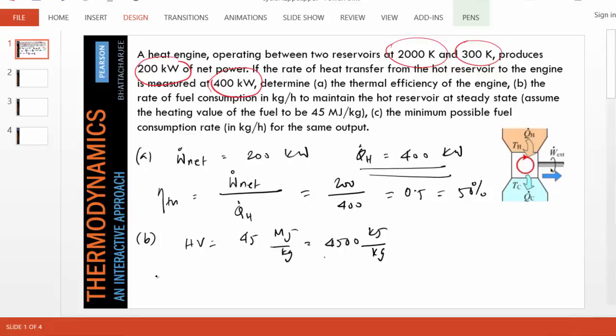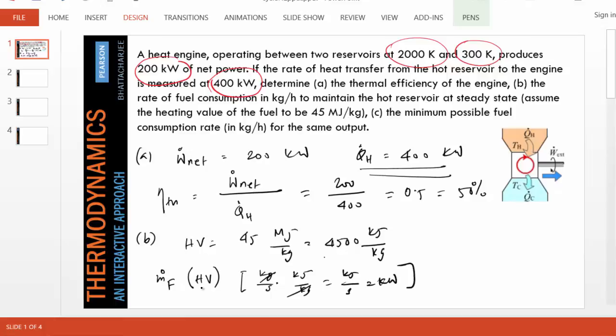So if the fuel consumption is m dot f, so much fuel is consumed every second, and if you multiply that by the heating value, notice the units: kg per second of fuel consumption and kilojoule per kg of heat release. That gives us kilojoule per second or kilowatt.